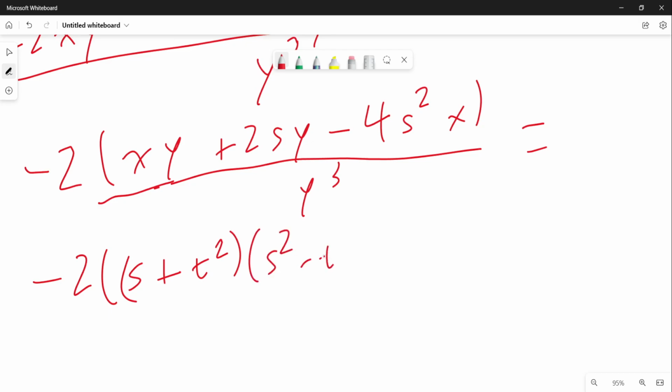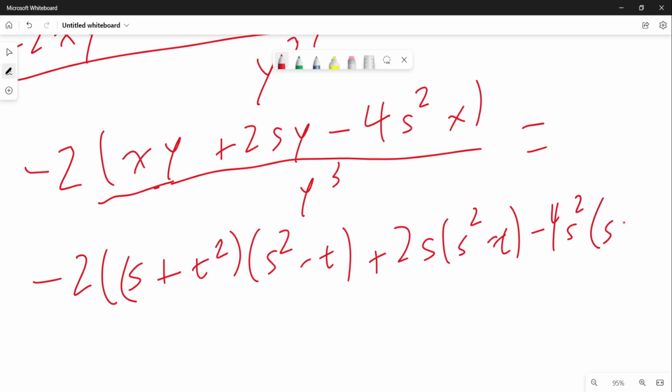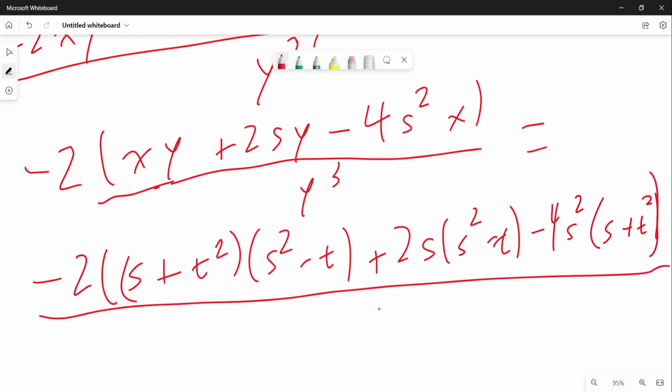S squared minus t, plus 2s times s squared minus t, minus 4s squared times s plus t squared, all over y to the third, that is s squared minus t to the third power. Do I want to simplify this any? Like I said, I'm doing this one out of the book just because it's such a long problem that I don't want to risk making some mistakes in it.